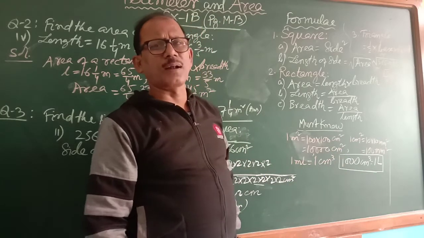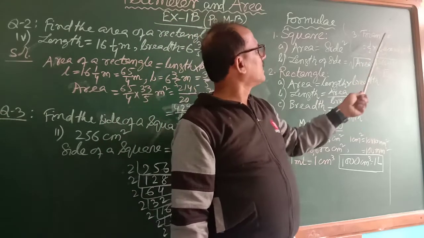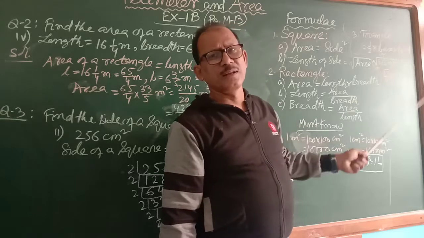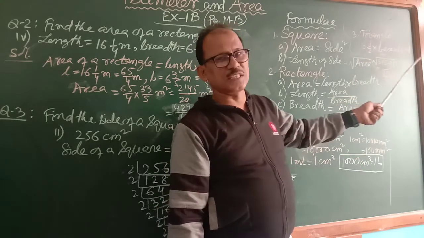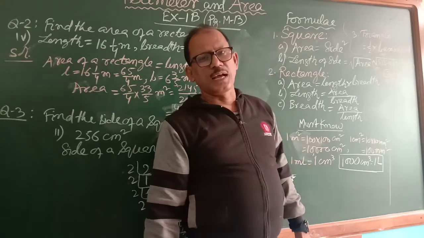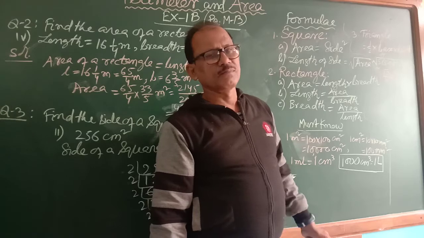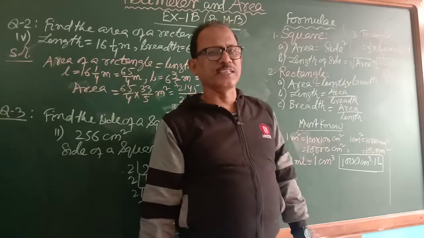Now some other areas also you are supposed to keep in mind, just like the triangle. A triangle can have three formulae to find out area. First is half into base into height. If the base and the height on that base are given, the formula will be half into base into height, especially for a right angle triangle.